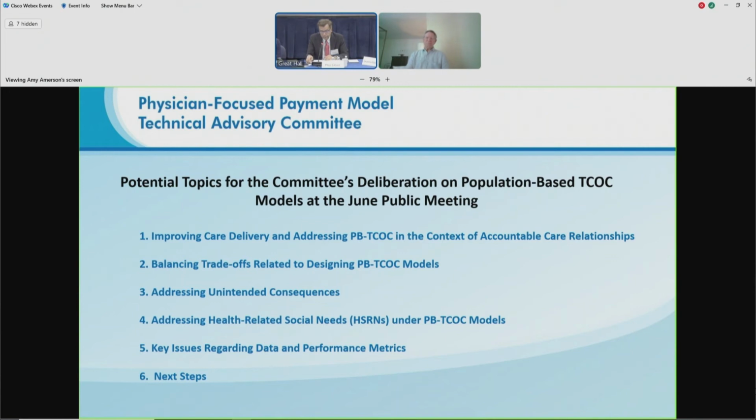We know the private payers often focus on medication adherence, et cetera, in that world. The current models often include some of the Part B medication, but not the Part D.